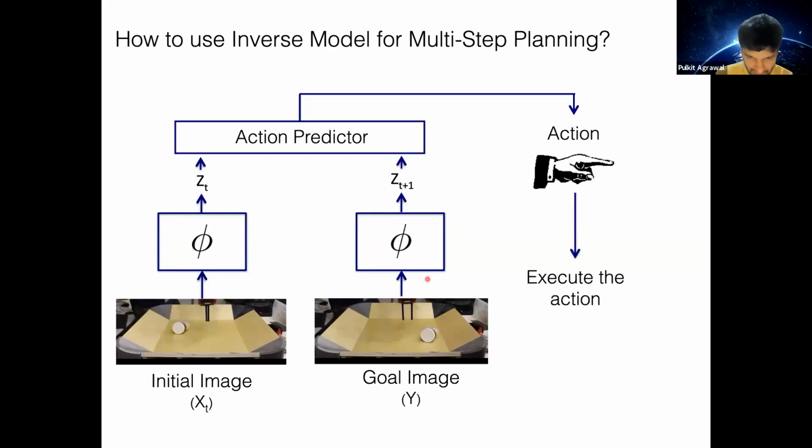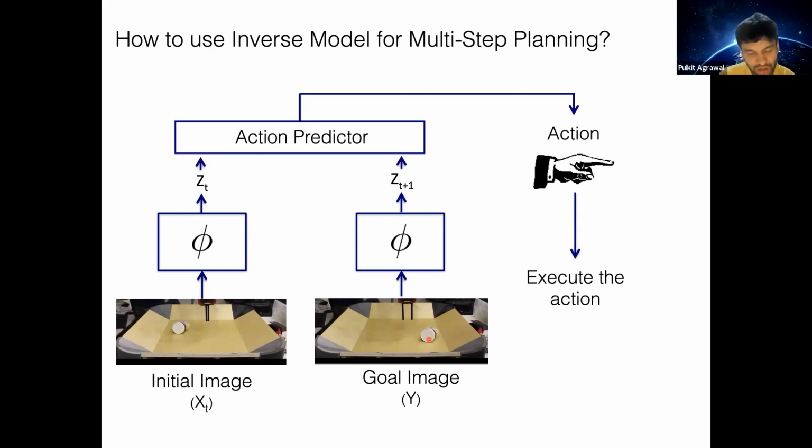Now, if I was able to extract a good representation of the environment, then I might be able to predict a good action. For instance, if I was able to identify the location of the object, I might still say push to the right.